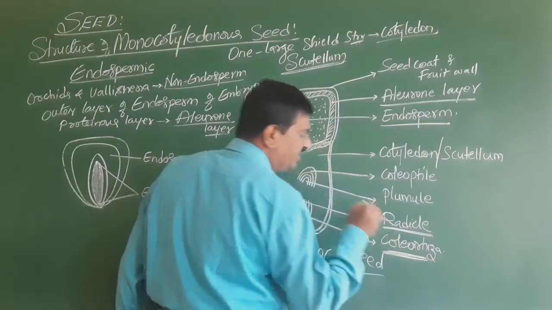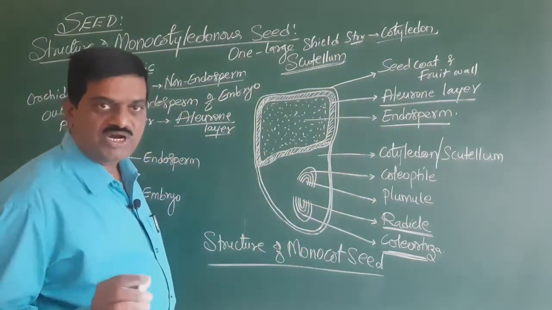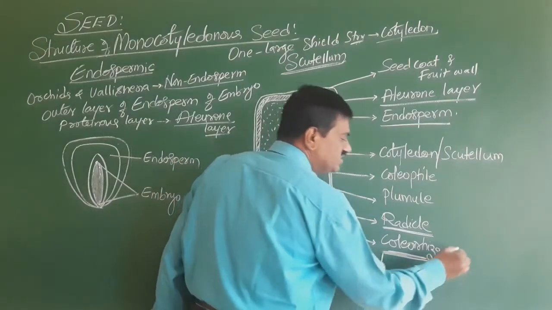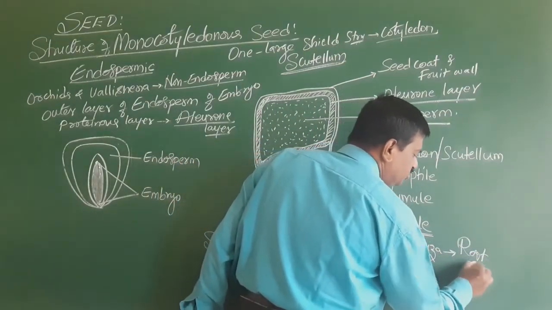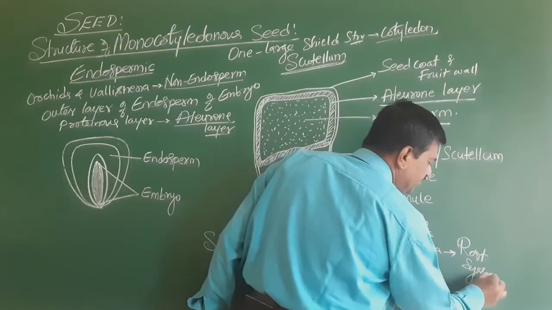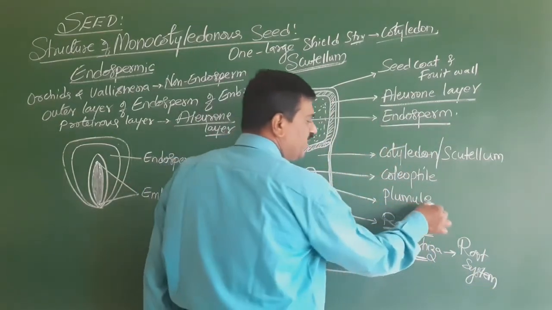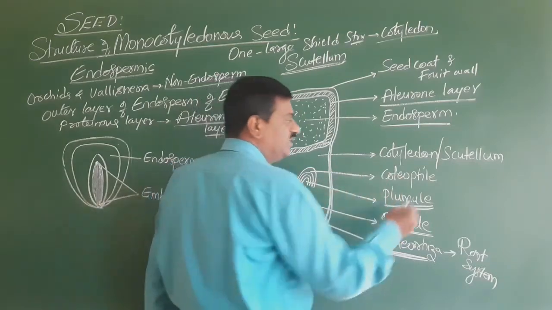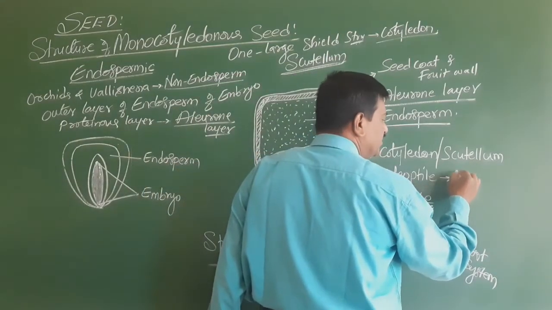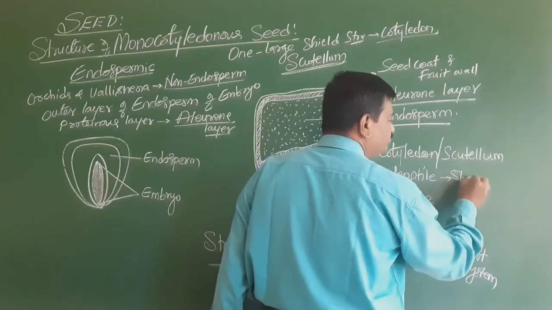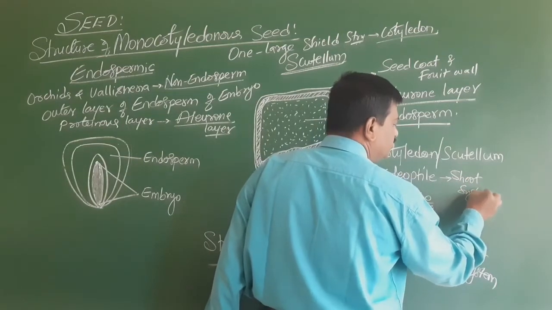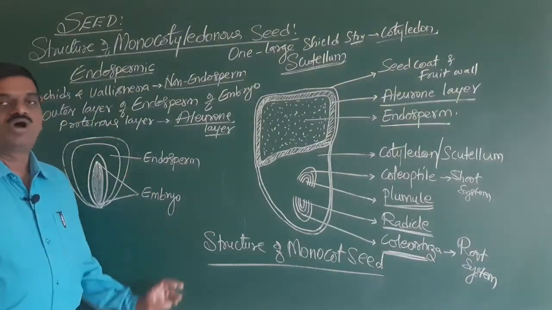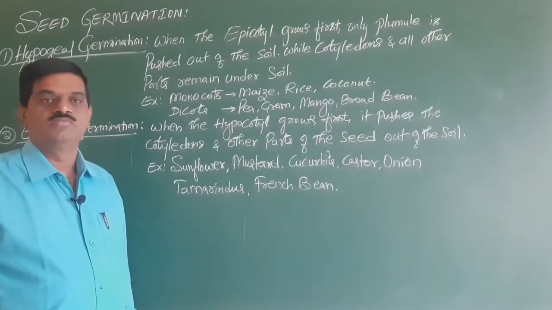This is important in monocots: the radicle gives rise to coleorhiza, and the coleorhiza in turn gives rise to the root system, whereas plumule in turn gives rise to coleoptile, and this coleoptile gives rise to the shoot system. So this is about the structure of a monocot seed.